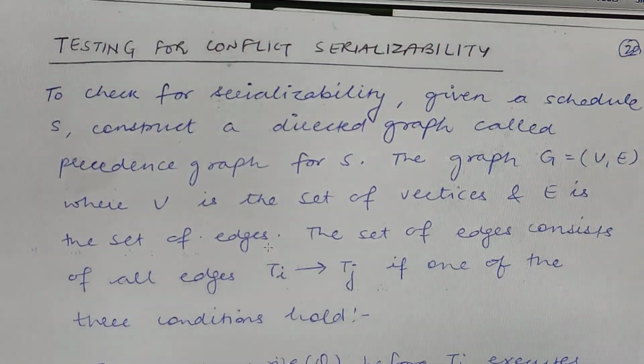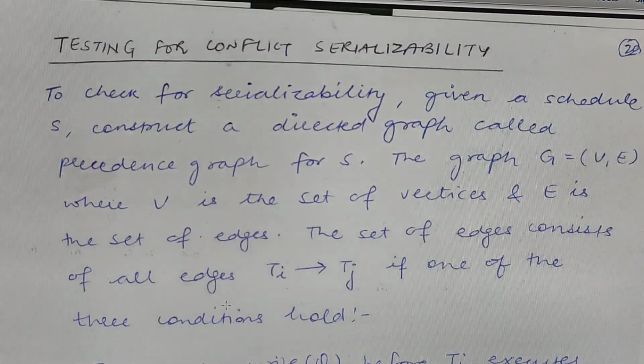It is a basic concept of the graph theory of mathematics. Now how will we start drawing, what will be the vertices and what will be the edges? The number of vertices in the graph will depend on the number of transactions in your schedule. If I have only 2 transactions in my schedule, then I will have 2 vertices. In short, the transactions will become the vertices of my graph.